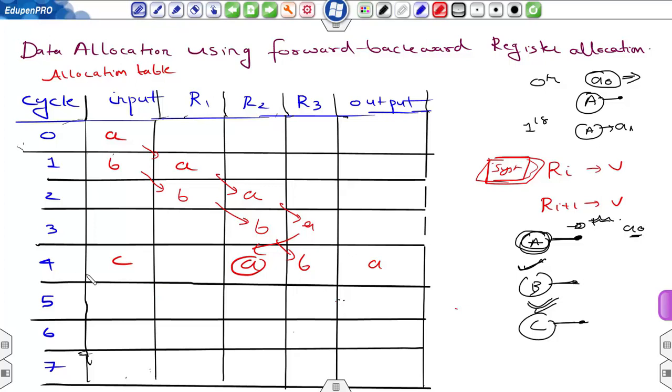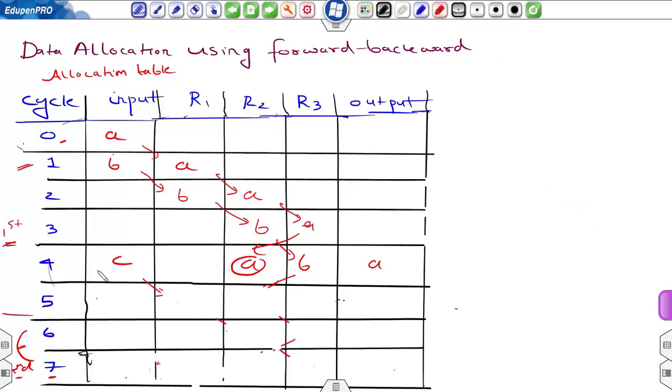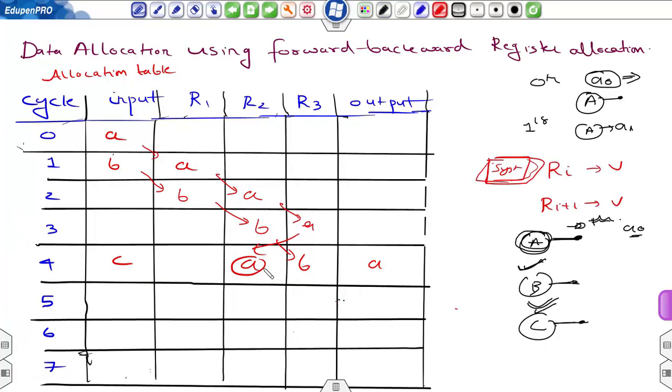So during the fourth cycle C is produced, and A is moved backward from register R3 to R2, and B is shifted to register R3, and also A will be consumed. It means that by the end of the fourth cycle A will be dead. The dead or consumed variable will be written in the output column.